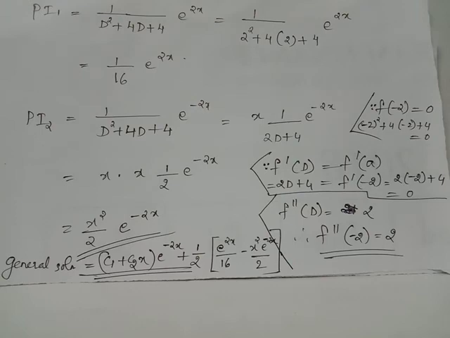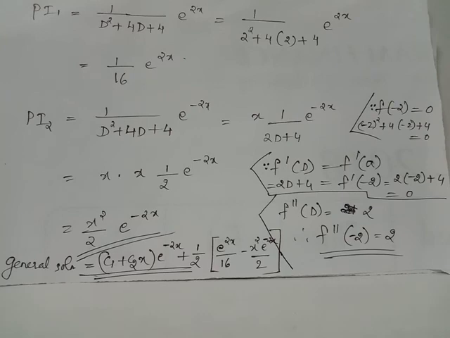We have f''(D) = 2, which is a constant, and hence at D = -2 also, f''(D) = 2. Hence we have a non-zero denominator. So PI2 = (x²/2) e^(-2x).